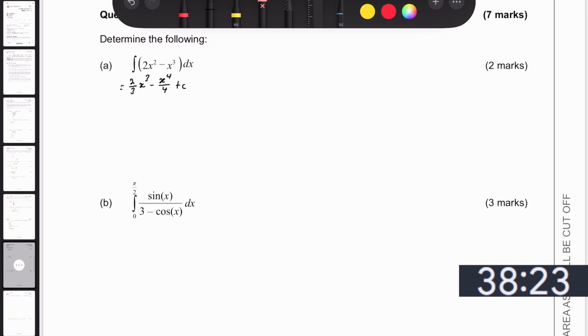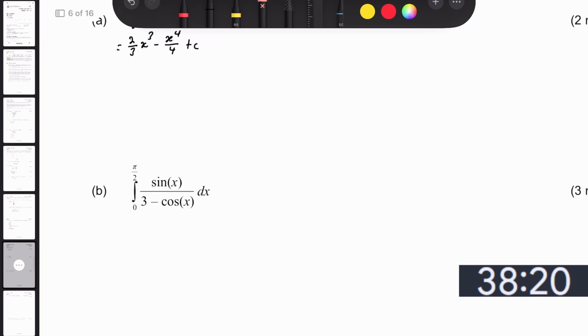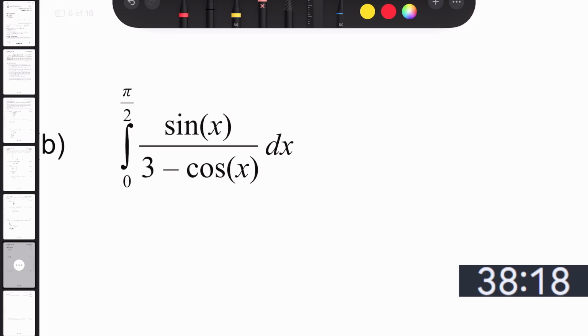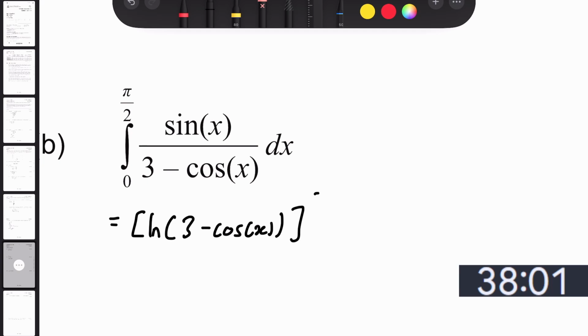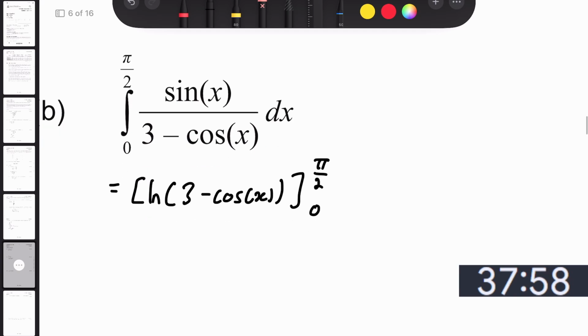Sine minus... okay, so this is an ln, it looks like, because I have the derivative of 3 minus cosine of x is sine of x, so that's going to be equal to ln of 3 minus cosine of x from pi on 2 to 0. My specialist brain kicked in and I was thinking of what identity am I going to use, but no, don't need to worry about that.